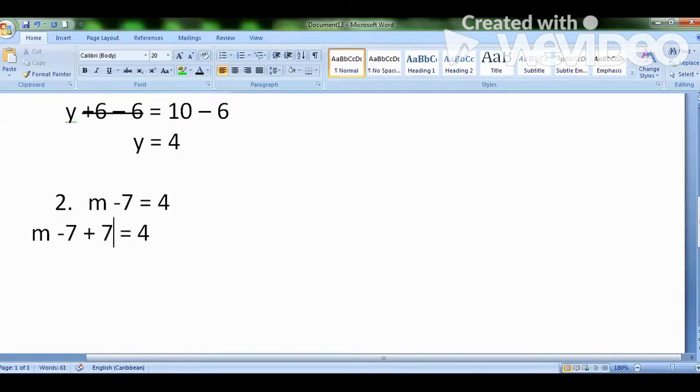By adding 7, because -7 plus 7 gives you 0. Let me highlight that. And what I do on the left, I have to do on the right. So we're adding the 7, and this will go away. What's left back is 11. So m is equal to 11.